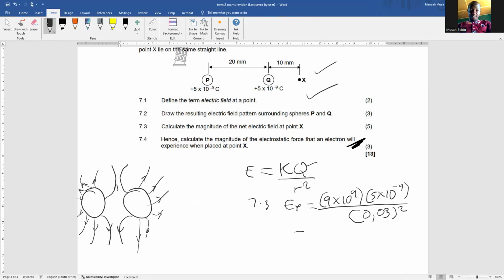So this gives us 50,000 Newton per coulomb.